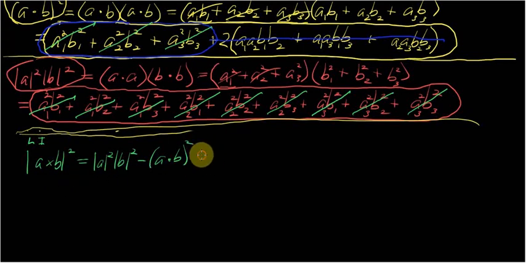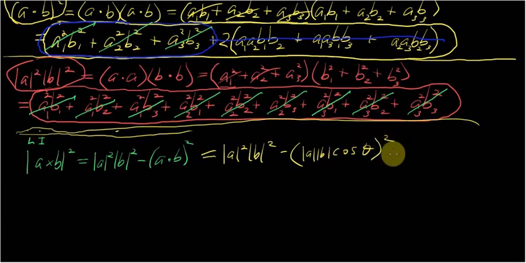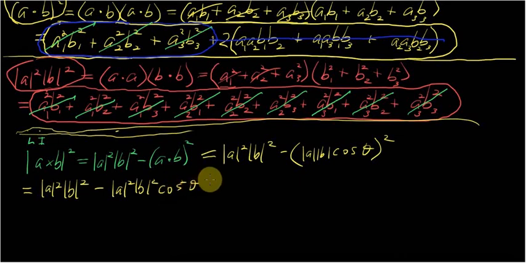Okay, so we have Lagrange's identity, and we just start working the right side. So when you prove straight from Lagrange's identity, it's very fast. We know the dot product is equal to this. And now I'm just going to distribute the 2 exponent in. And now I'm going to factor the magnitudes out.